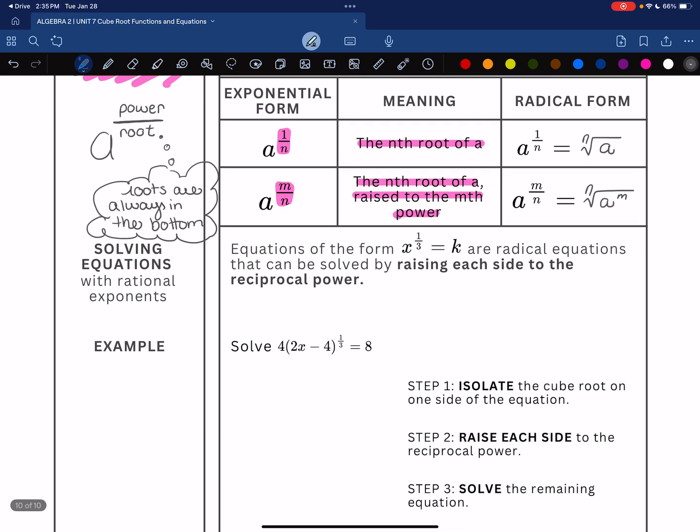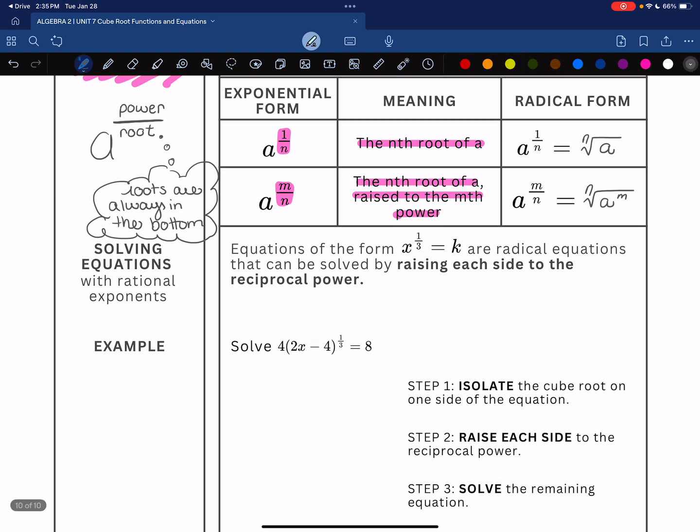So having that in mind, we're going to be able to solve equations with rational exponents, because any equation in this form, x being raised to the 1/3 power equaling some value k, is a radical equation that can be solved by raising each side to the reciprocal power.